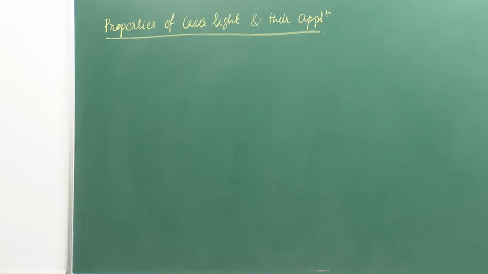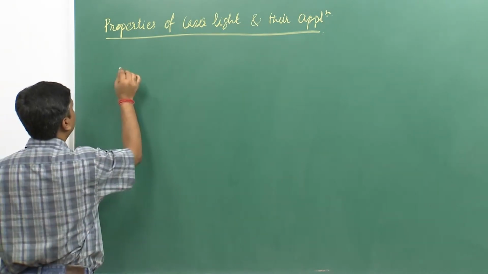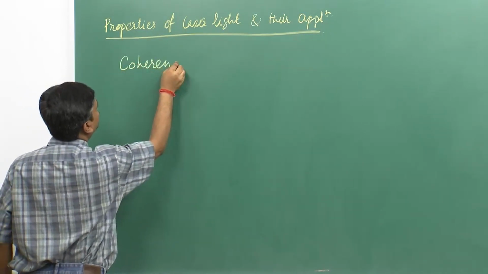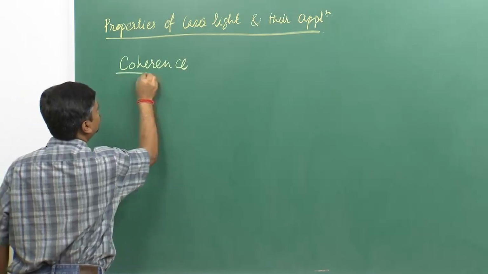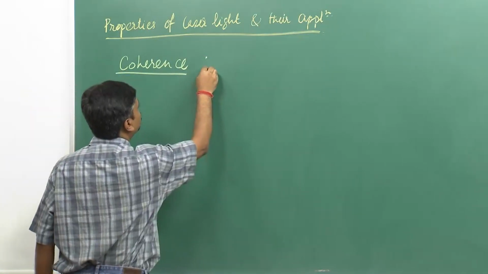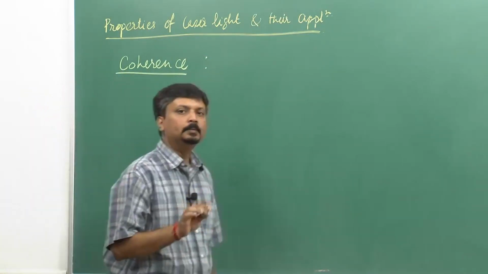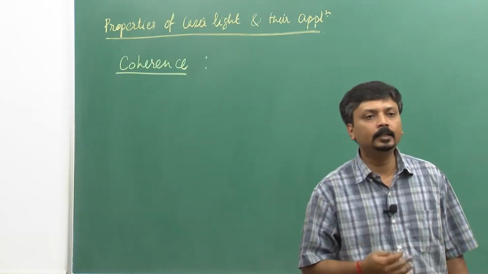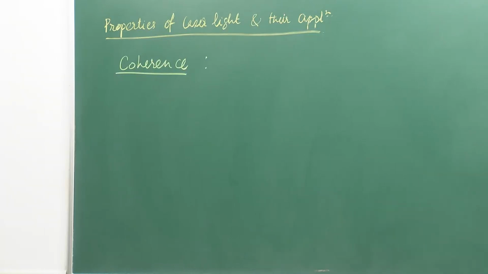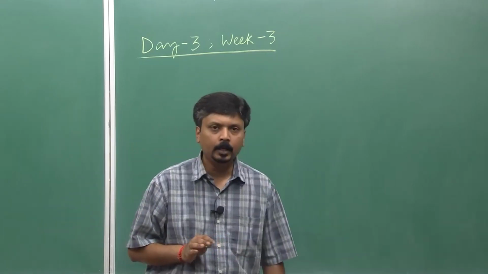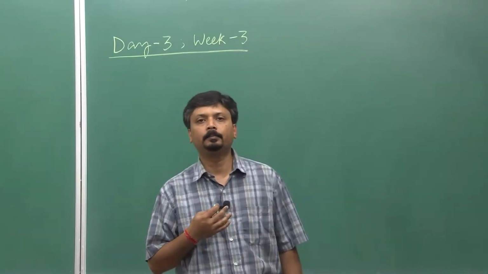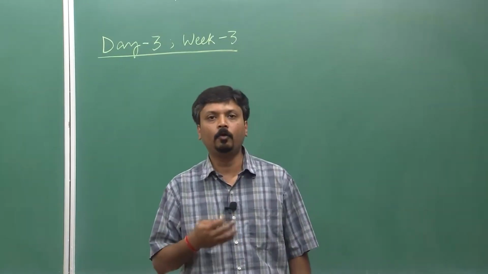So the first thing that we will consider today is the coherence. So this is the property which differentiates a laser light from a conventional light source. In conventional light sources, what are the main source of photons?